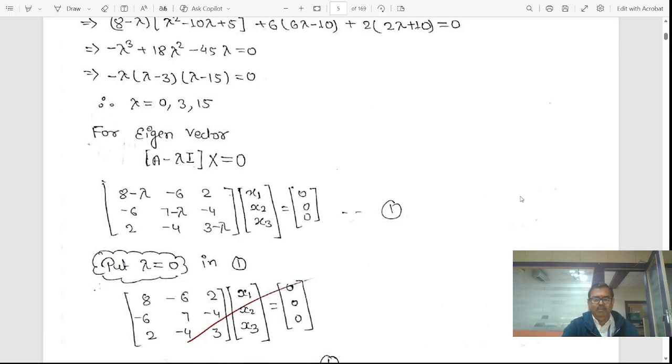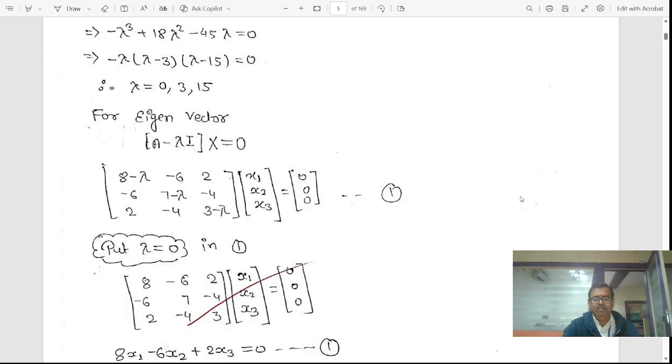That is equation number 1. Now we find the eigenvector corresponding to each eigenvalue, lambda = 0, lambda = 3 and lambda = 15. First we put lambda = 0 in equation 1.